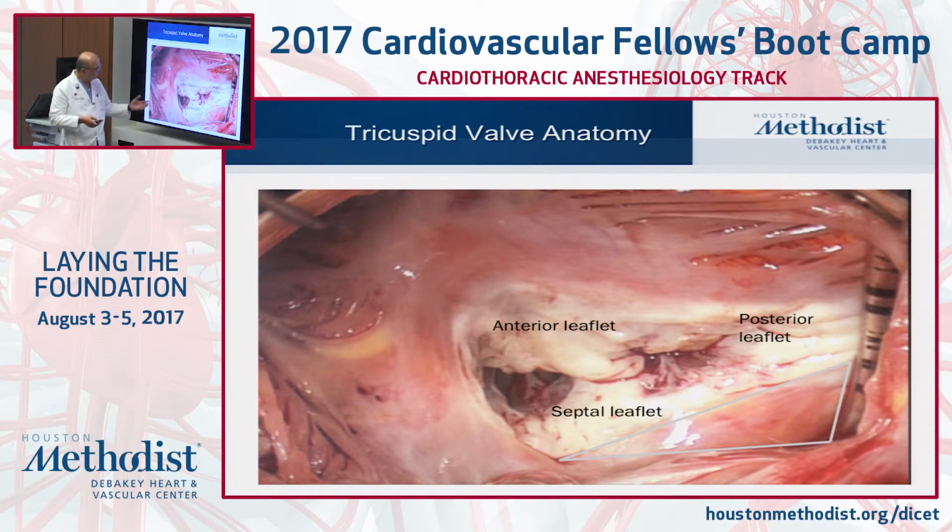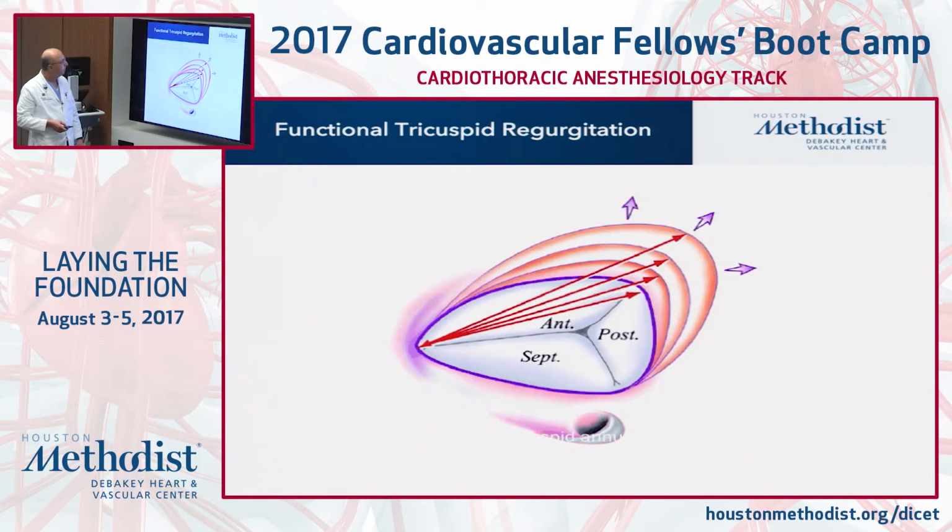And typically when you put sutures around for a ring, generally speaking, if you avoid placing sutures from 7 to 9 o'clock, you would be avoiding the area where you're at most risk of creating a conduction block.